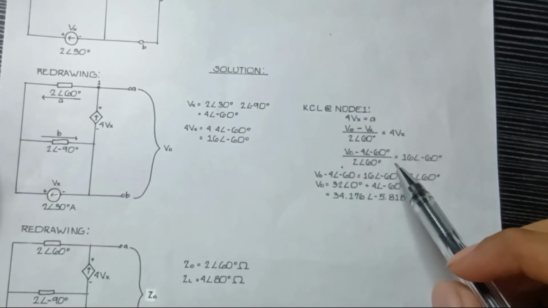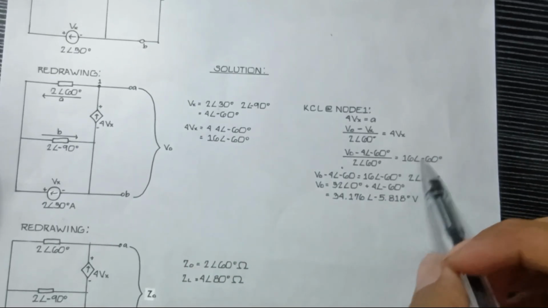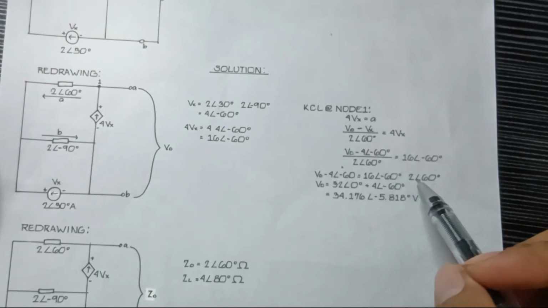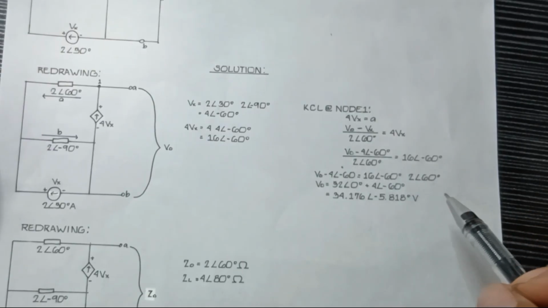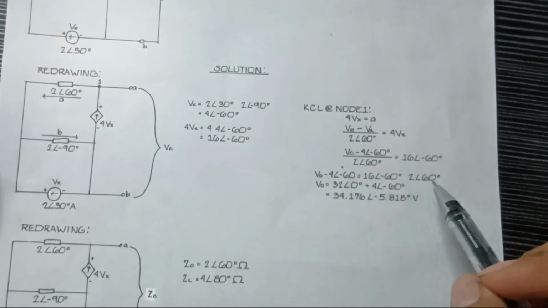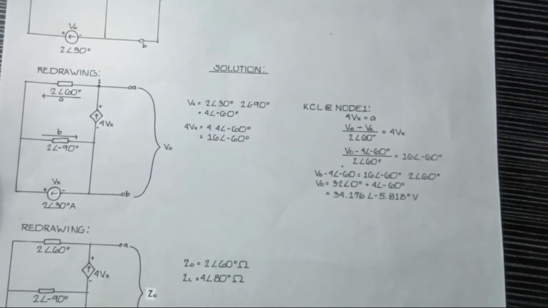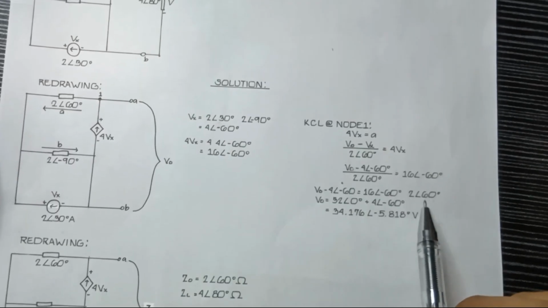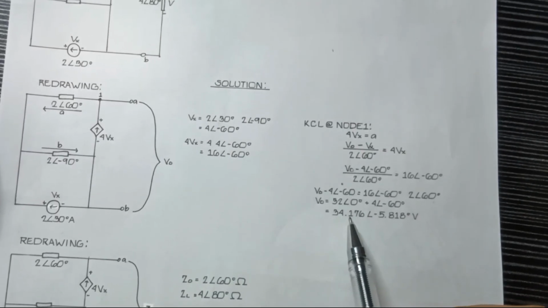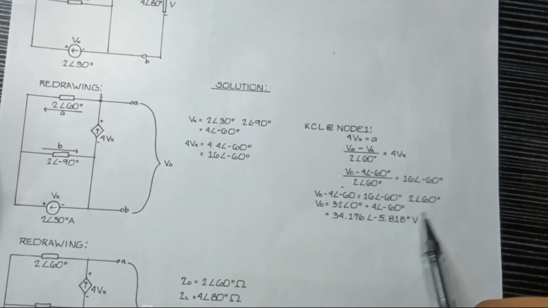And substituting our values for Vx, we could get this value. After getting the values, we could use cross multiplication in order to solve this problem. Solving this, we could get 32∠0°, since negative 60 plus 60 is equal to 0.